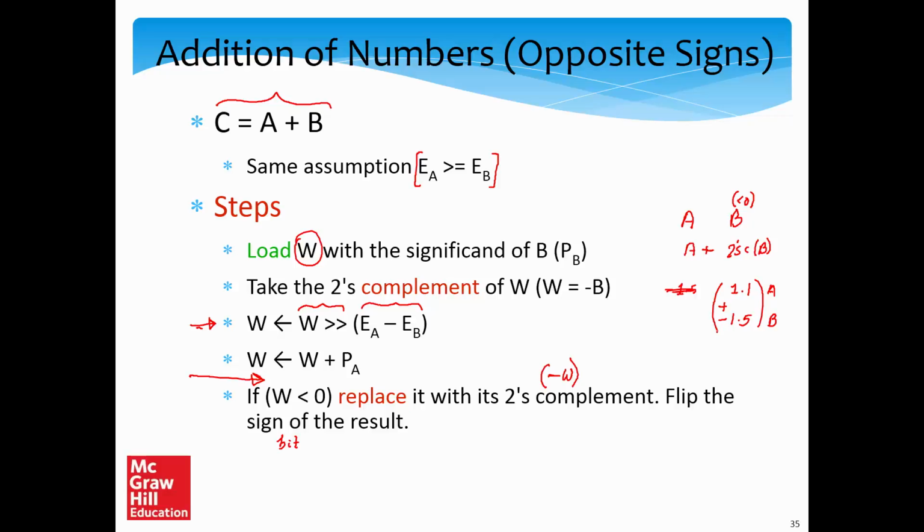In this case, initially the sign of the result is positive, but since we get minus 0.4 over here, we will flip the sign of the result, so it will become minus, and the significand and exponent will encode 0.4.